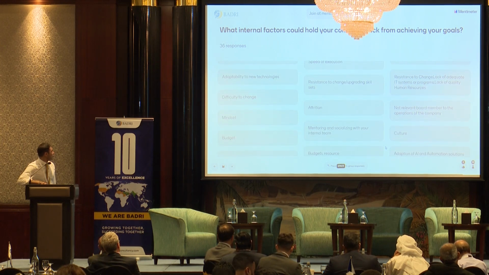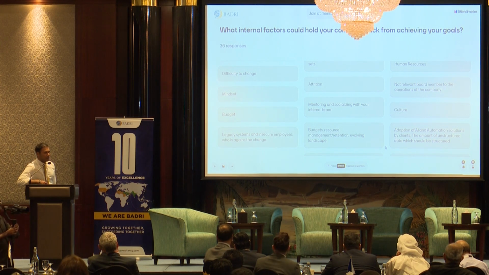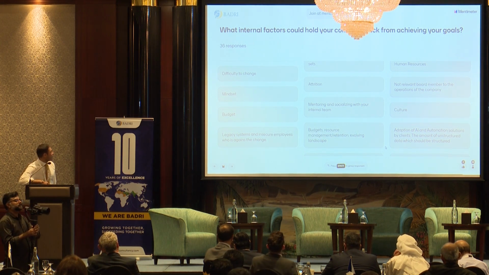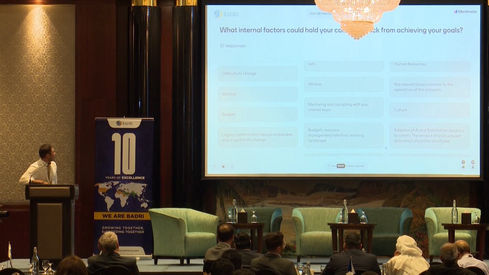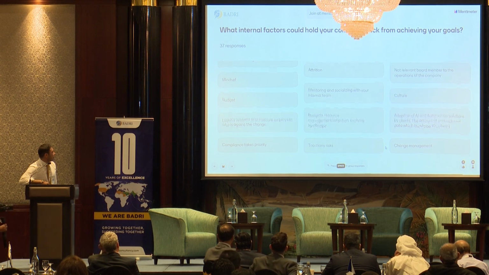Difficulty to change management, that is also prevalent a lot. Mindset. This is filling up a lot more quickly than the strengths. I don't know if that's good or bad. Legacy systems, adoption of AI data.